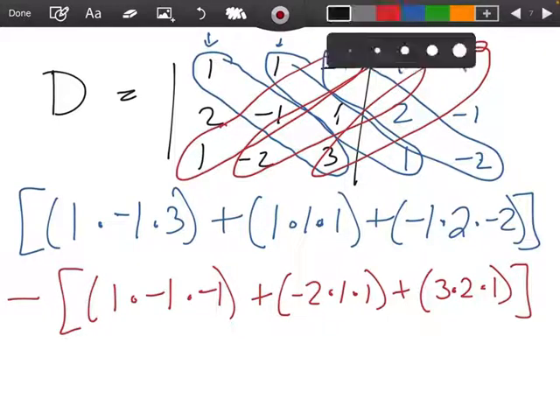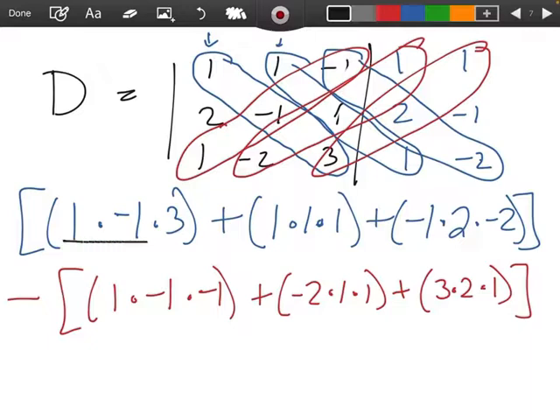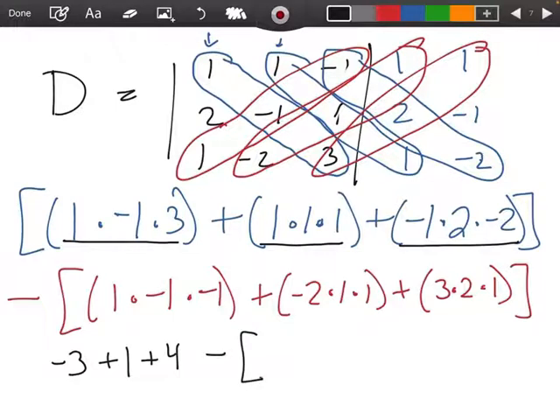So now, we're going to go through really slowly. So 1 times -1 times 3 is a -3, plus 1 times 1 times 1 is 1, plus -1 times 2 times -2 is a +4, okay? Minus, let's see, this is going to give me a 1, this is going to give me a -2, and that's going to give me a 6, okay?